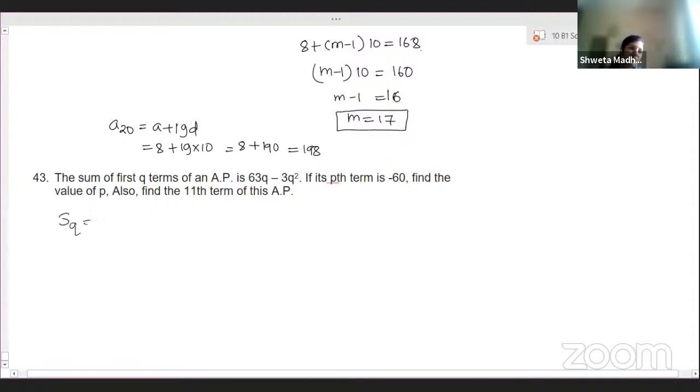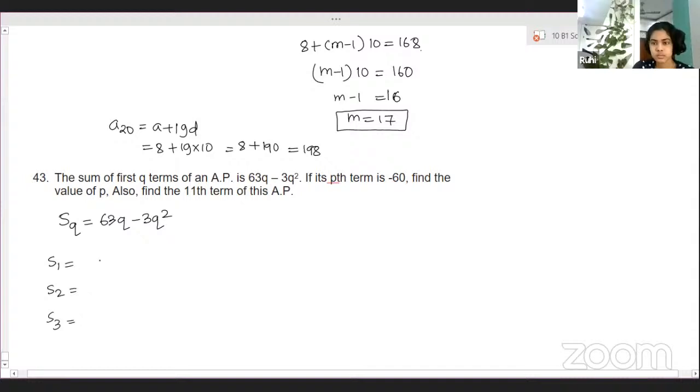So S_q is equal to 63q minus 3q square. So find S1, S2, S3. S1 equal to, Ruhi? Ma'am, it's 60. 63 minus 3, 60. Then S2?